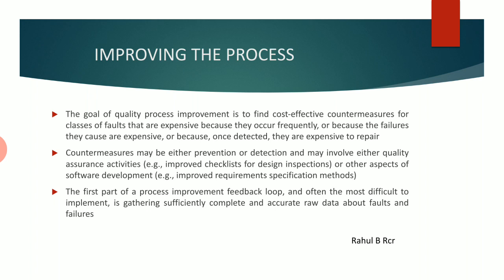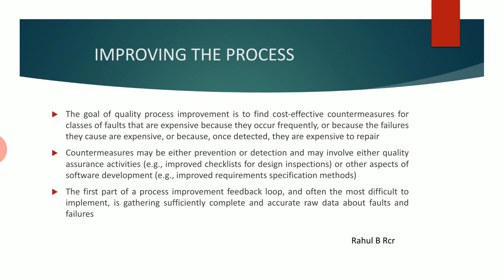Not only cost, the time to repair will be more, as well as the chances of repair if the failure is that big. For that reason we can have countermeasures for prevention or detection, and early detection of those failures by using countermeasures.